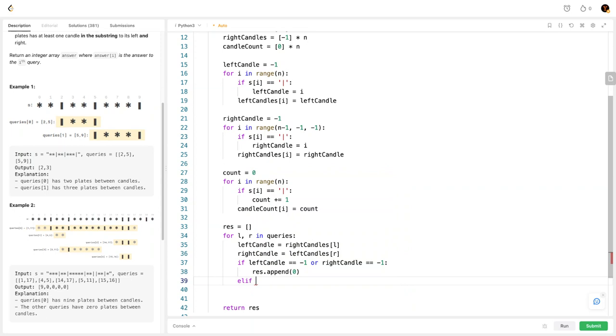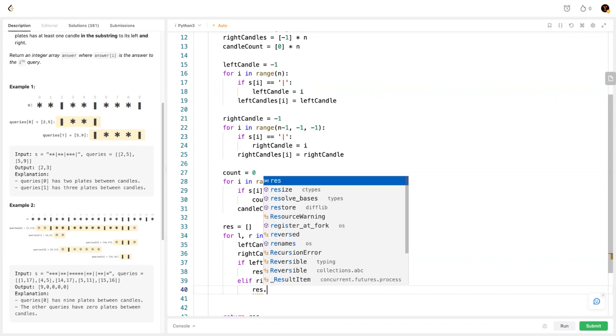Another case where there will be 0 in between is when both of the candles exist, but the distance between them is less than or equal to 1, which means we don't have plates in between, so this will also append 0.